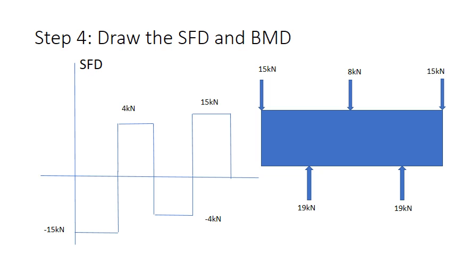So minus 15 kN plus 19 kN is 4 kN, and then it will stay the same until there is another force of 8 kN affecting it. So 4 kN minus 8 kN equals minus 4 kN, and then again there is the force of 19 kN, so minus 4 plus 19 kN is 15 kN, and then lastly 15 kN minus 15 kN is equal to 0.